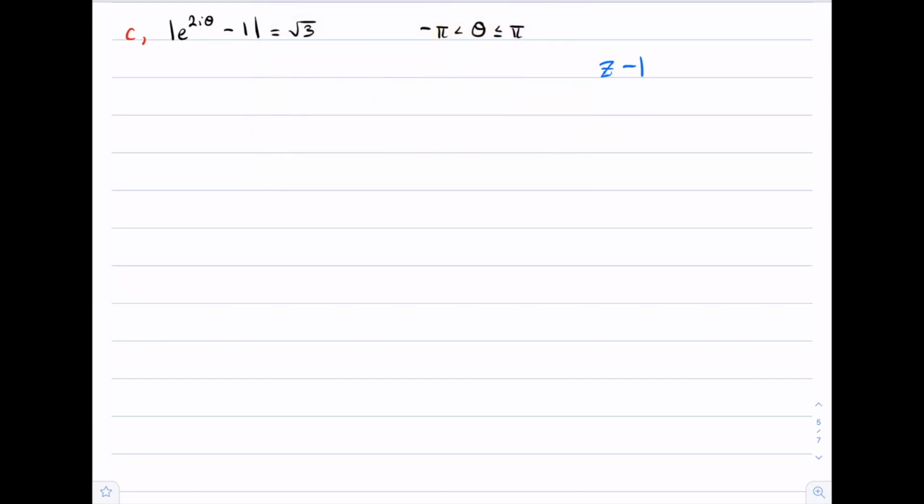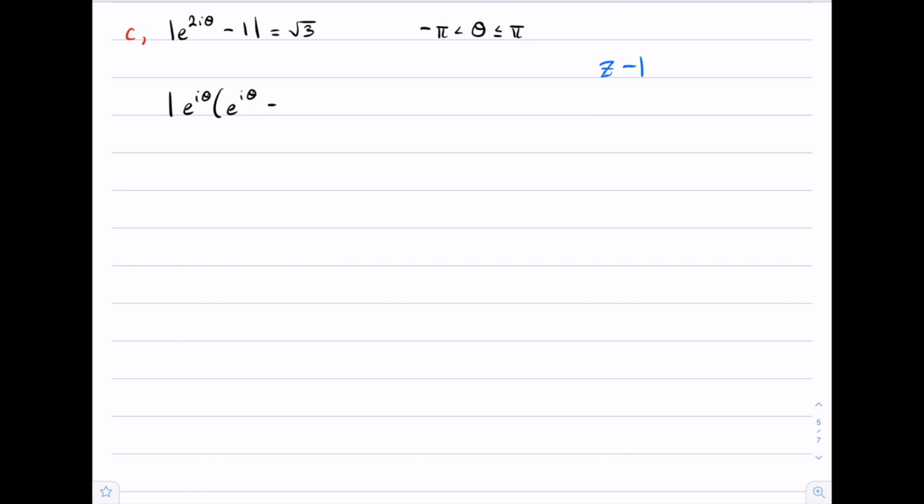So what I'm going to do is factor out, inside my modulus, e to the i theta. So it will look something like this. I factor out e to the i theta. From my first term, what's left over? Well, I will just have e to the i theta again.